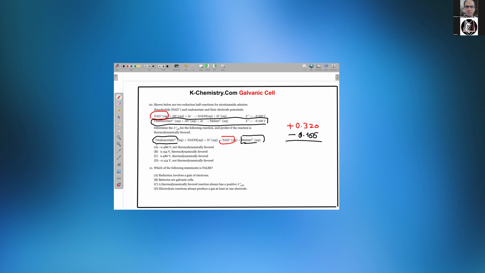We get 0.154. That's the result that you got. That's why you are insisting here. So this one is reversed. We make it positive, and this one is okay.